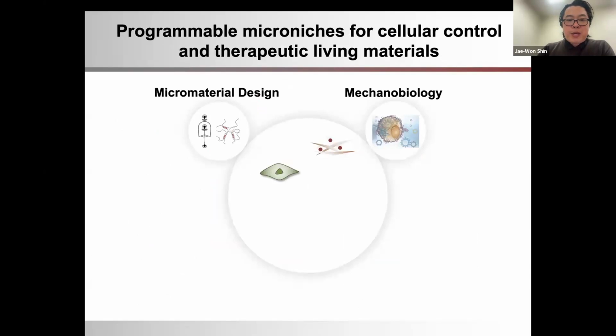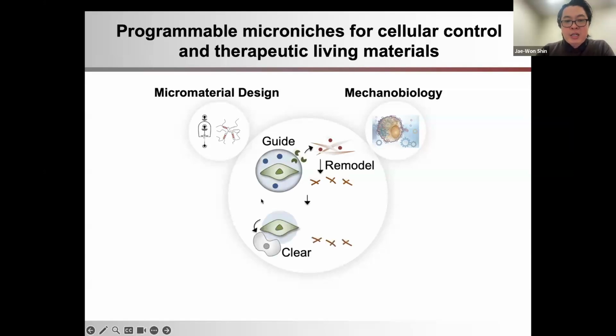So basically, just to wrap up my talk here, there is a huge potential in combining biomaterial design with droplet microfluidics, and combining this with mechanobiological studies to guide individual cell behaviors, as well as to remodel the host environment and also delay the clearance.